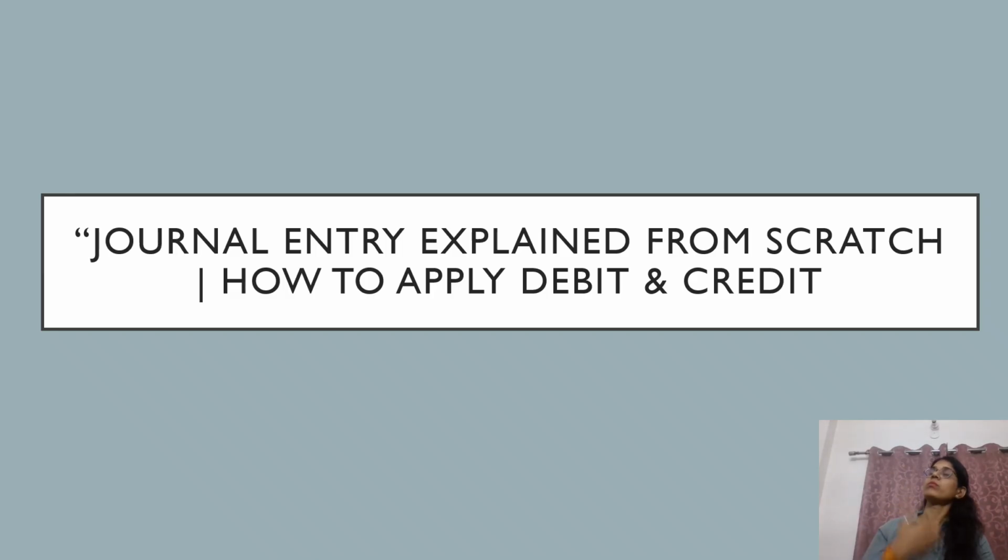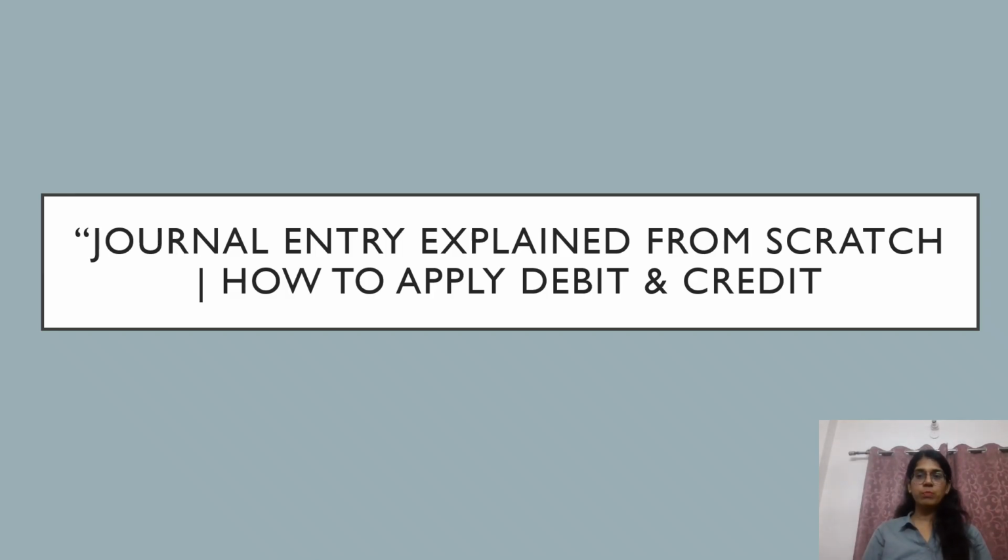Journal is nothing but the book of original entry. It is the book where all the transactions are recorded first hand. That is, it is the book where every transaction is recorded for the first time.